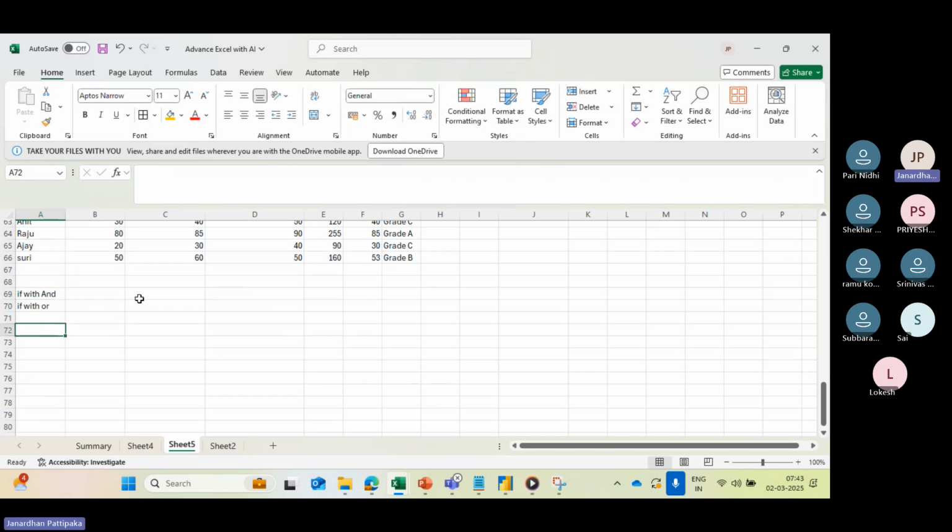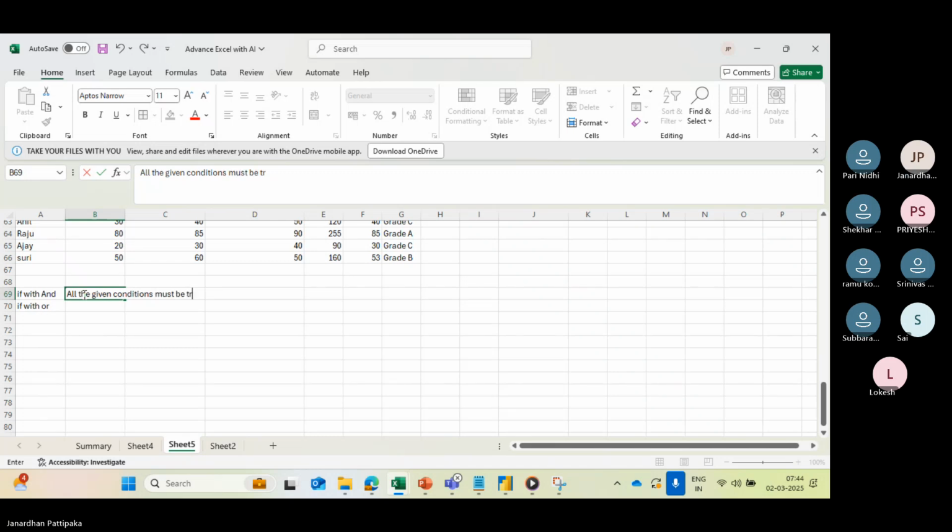The meaning of and is that if all the given conditions must be true, then it prints the output. That is and.